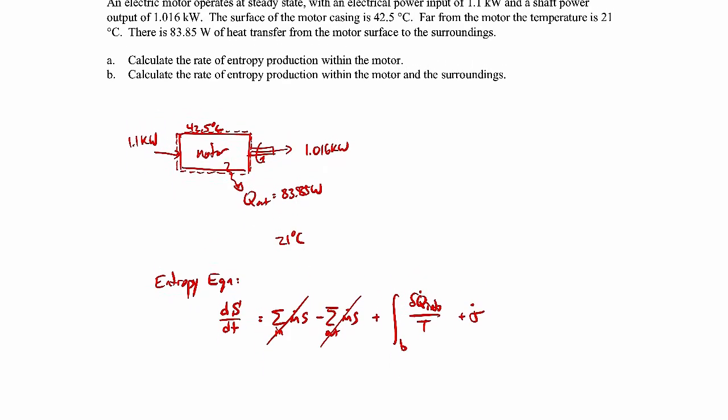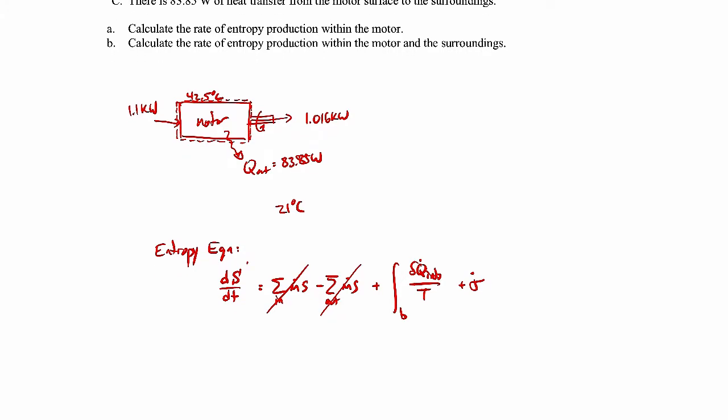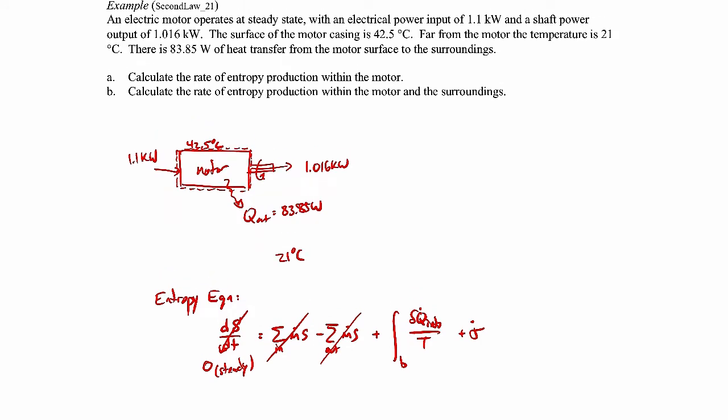So we're told that the motor's operating at steady state. So that means that our time rate of change of entropy within the control volume is 0. And then over the surface of the boundary, the heat transfer term, this is the rate of heat transfer divided by the absolute temperature, where that heat transfer is occurring over the entire surface of the boundary. So we'll just say that the heat transfer is occurring right here.